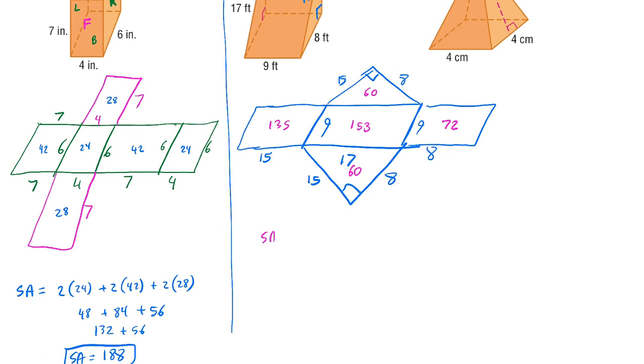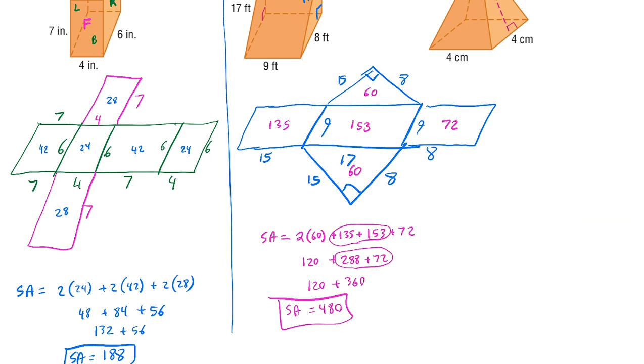So the surface area of this one is 2 of the 60s, plus 135, plus 153, plus 72. So we get 120 plus, and these go together well: 288 plus 72 makes 360. So the surface area is 480.